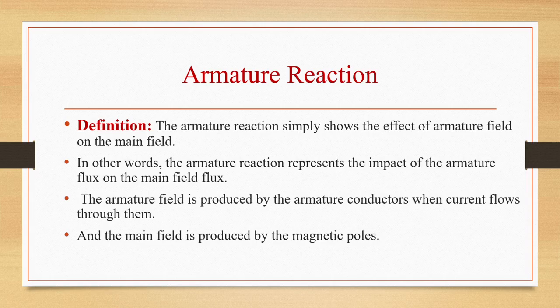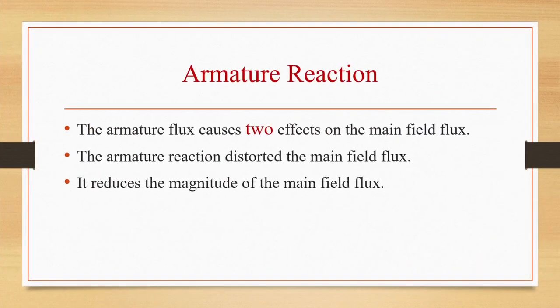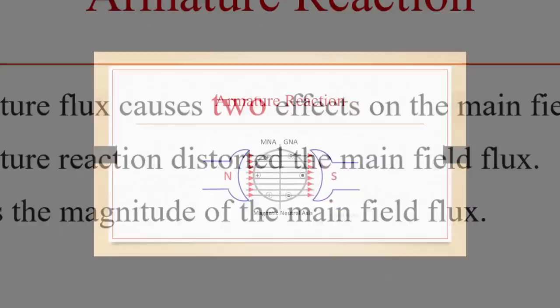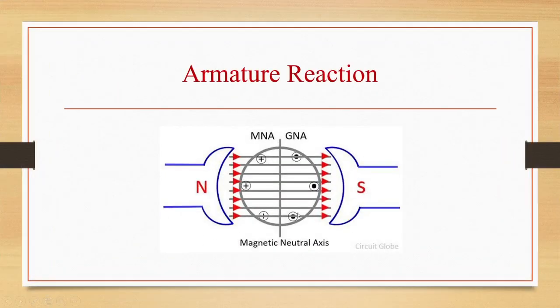So armature flux causes two effects on the main field flux. First, armature reaction will distort the main field flux, and second, it will reduce the magnitude of the main field flux.